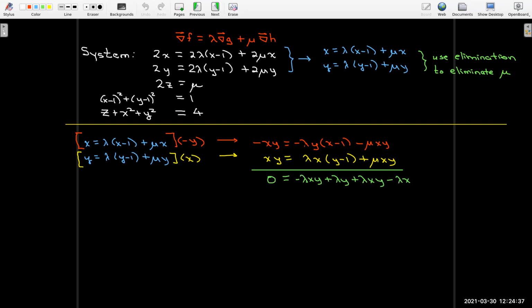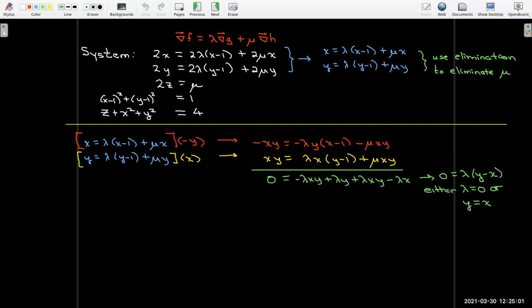I went ahead and multiplied out or removed the parentheses here in the two terms that do have lambda in them, and rearranging that, I get 0 equals lambda times the quantity y minus x. So here we'd have either lambda equals 0 or y equals x.